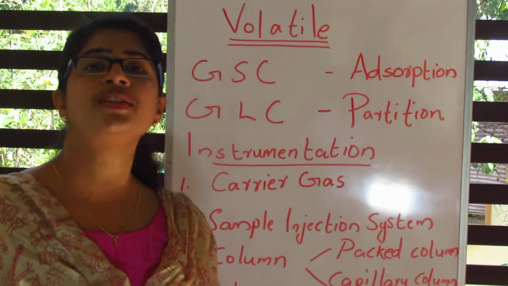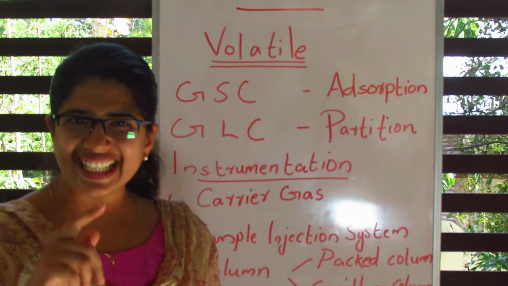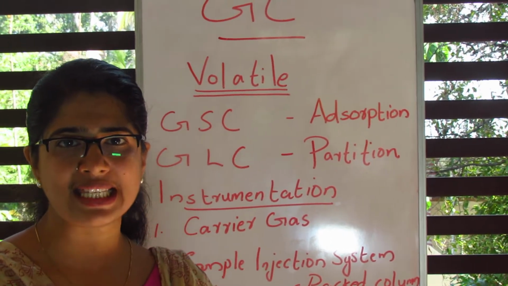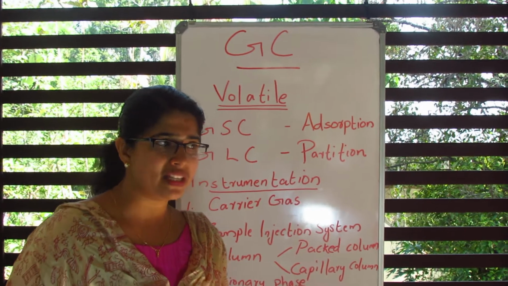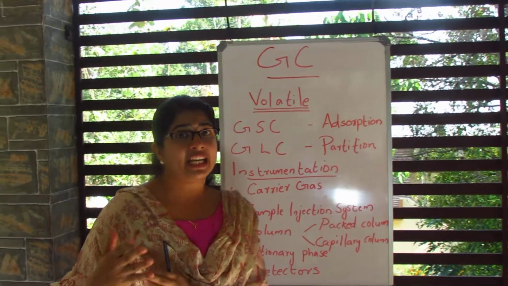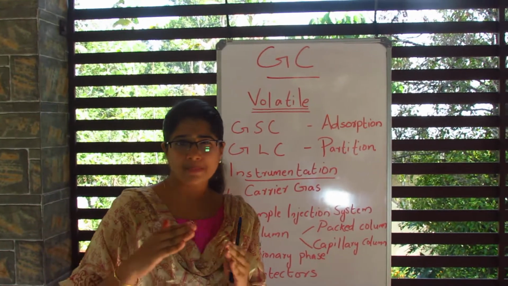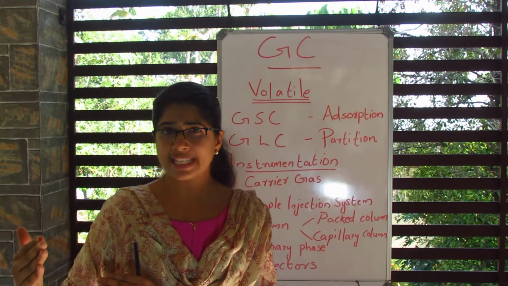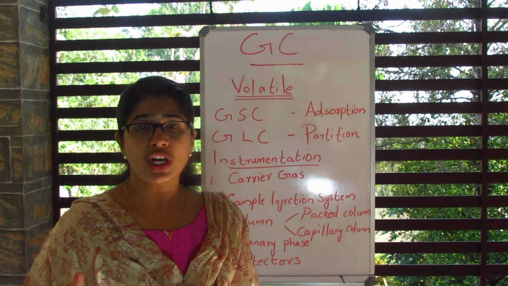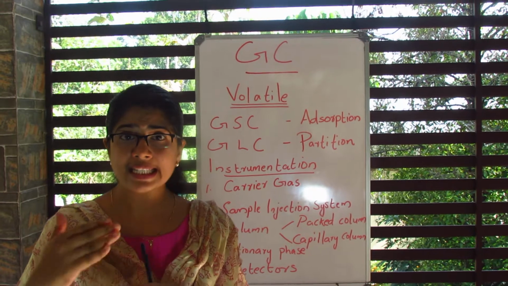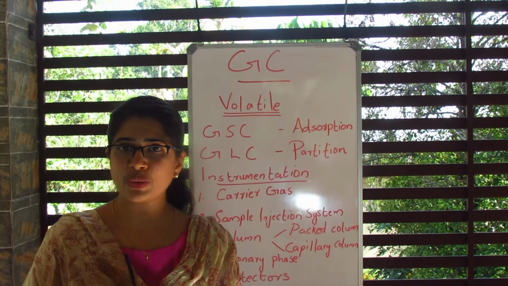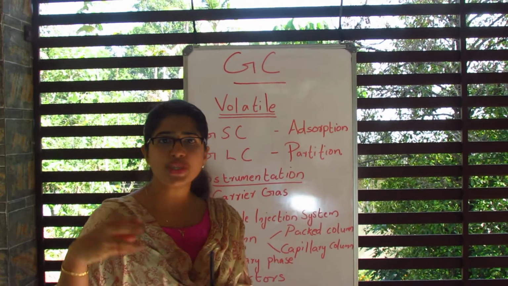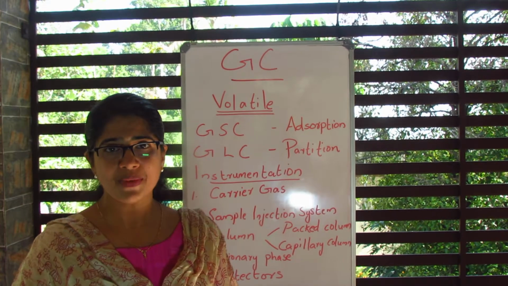Why do we use the silicon rubber? Because it is highly thermally stable in nature. That means before entering into the column, the sample must be converted into the vaporized state. So heating is required. So a thermally stable silicon rubber covering can be used along with the syringe to inject the sample into the system.